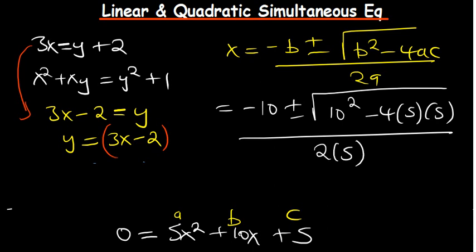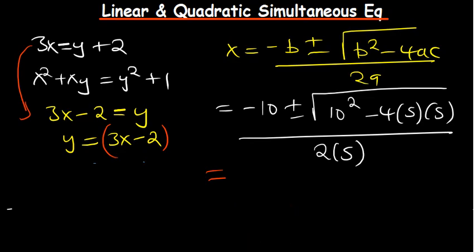Okay, let's see now what we're going to have. Negative 10 plus or minus the root of 10 squared, which is 100, and then negative 4 times 5 is negative 20, and negative 20 times 5 is negative 100. So that gives us a root of 0, over 10.